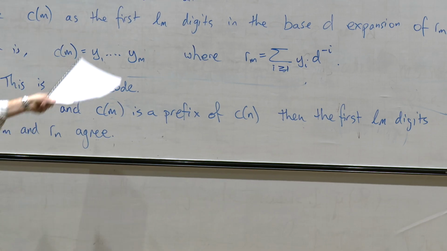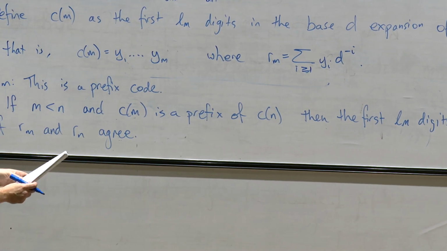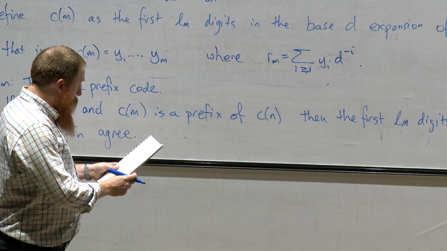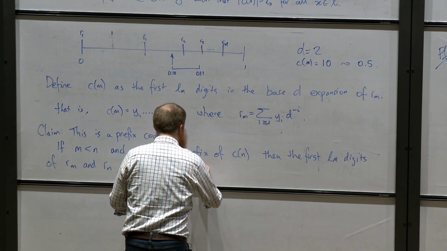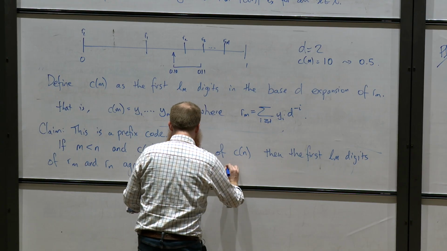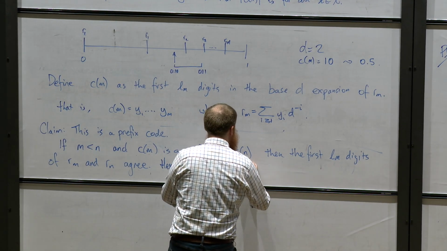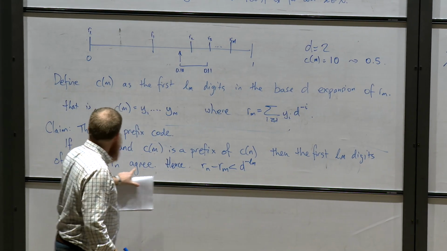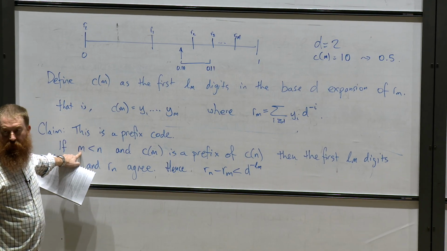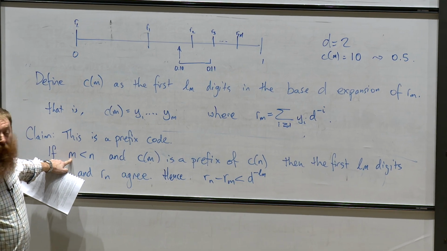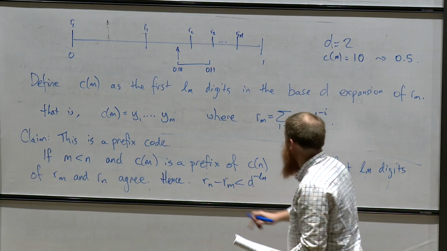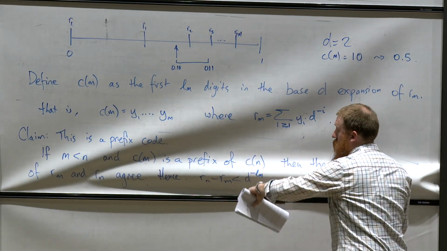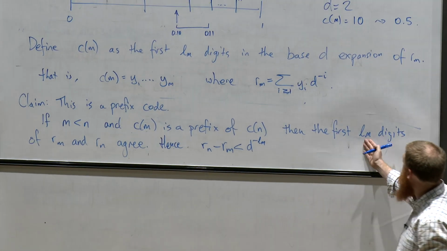They must agree because this is how I've defined the code words. Hence Rn minus Rm is less than d to the minus Lm. Notice I can use the smaller number because I've ordered my code words. So Rn minus Rm must be sufficiently small so that they agree in the first Lm digits.